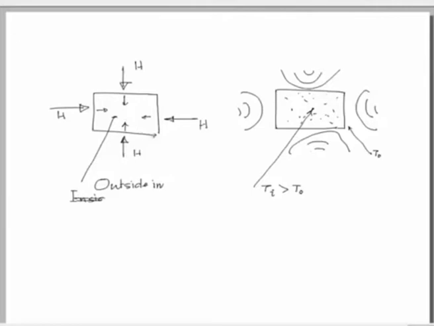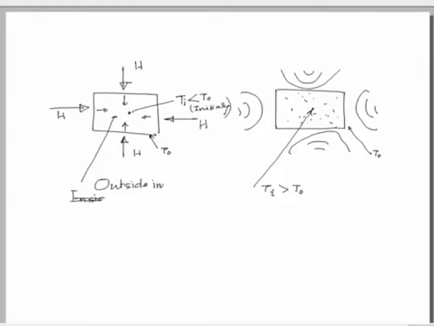But here, if it is T O and if it is T I, then T I will be less than T O, this is initially. This I have already explained.